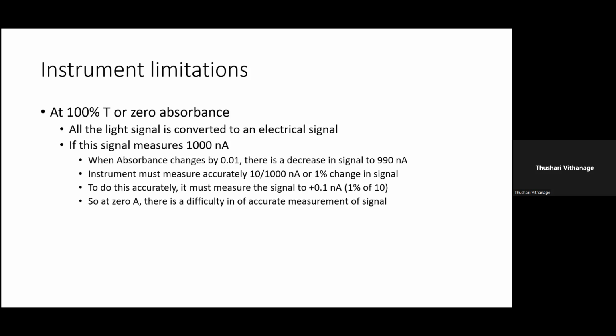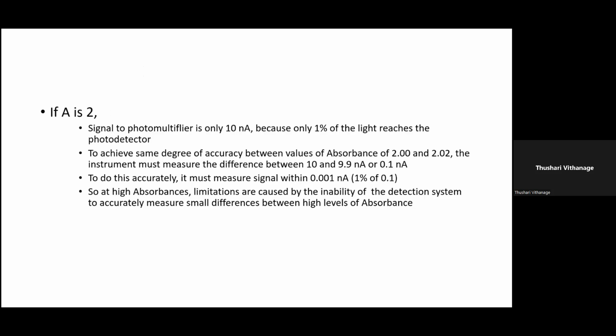So the instrument must measure accurately 10 out of 1000 nanoamperes, or a 1% change in the signal. To do this accurately, the instrument must measure signal to plus or minus 0.1 nanoampere, or 1% of 10. So at zero absorbance, there is a difficulty of accurate measurement of signal.